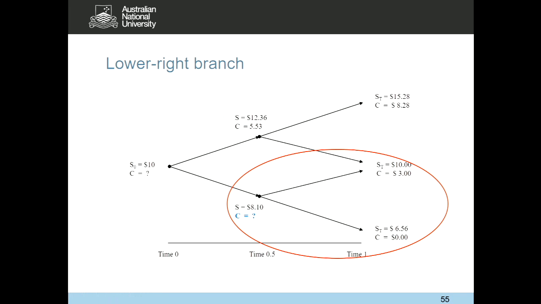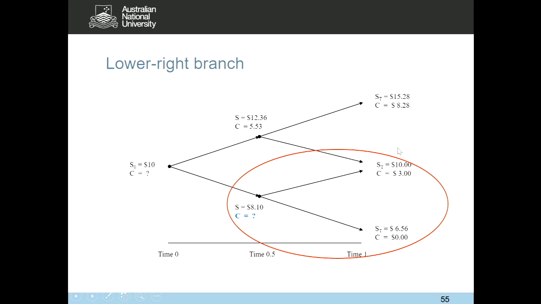Then we repeat the whole process again with the lower right branch. Okay, so we work backwards. We first focus on the upper right branch, then we focus on the lower right branch. So the same story. I'm standing here and I'm thinking 6 months from today, what are the two outcomes? We know there's a 50.54% chance the share price will increase. That will increase to $10.